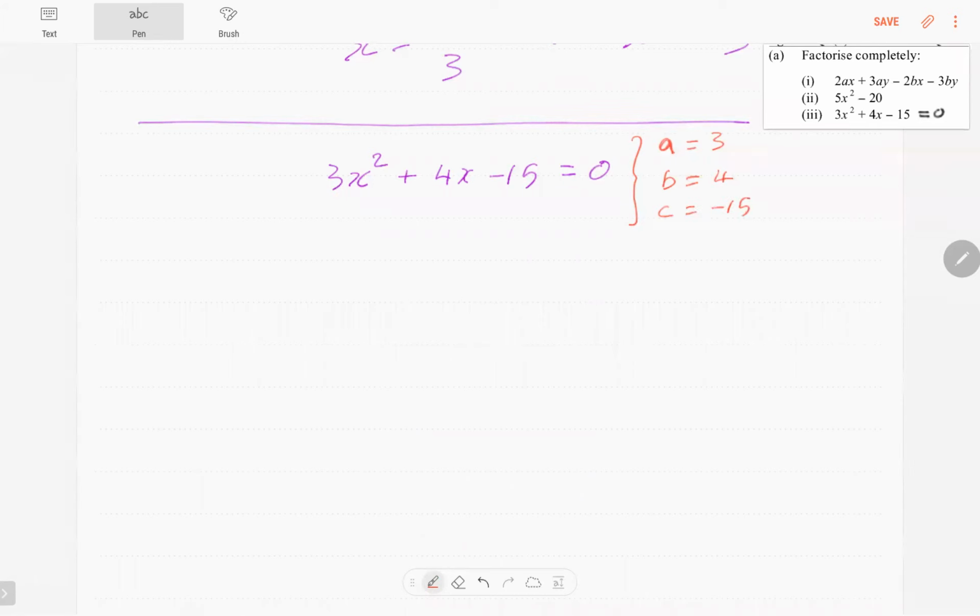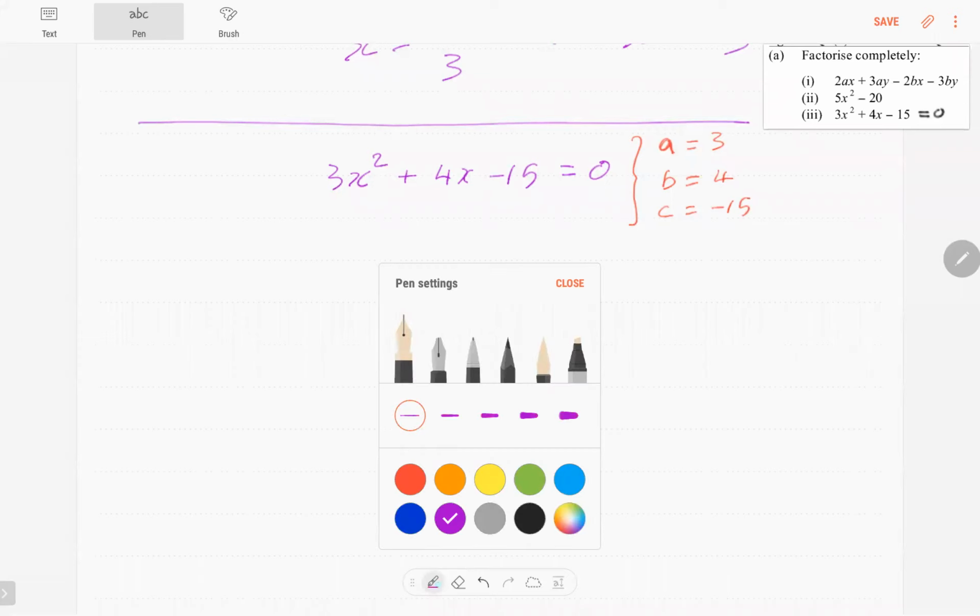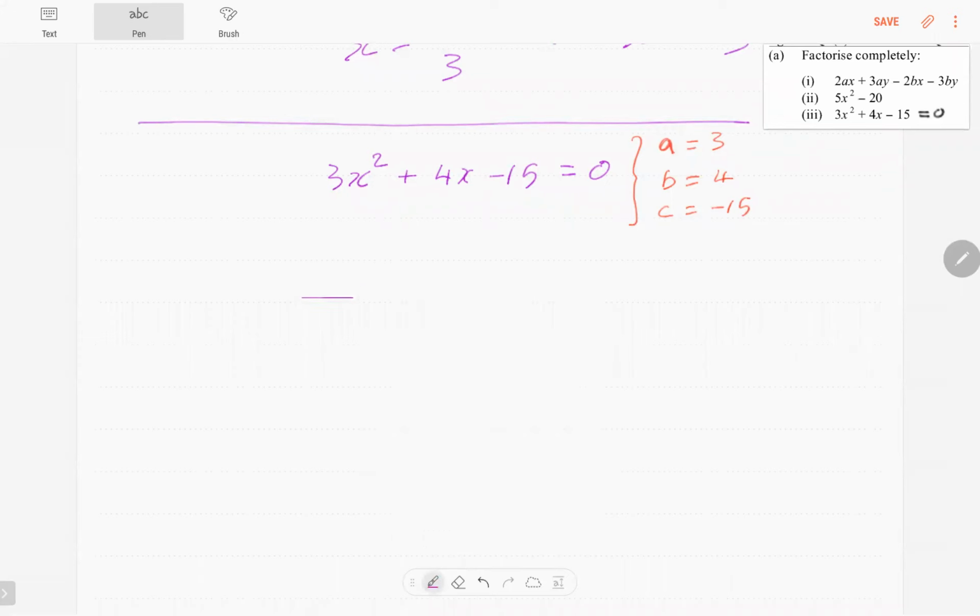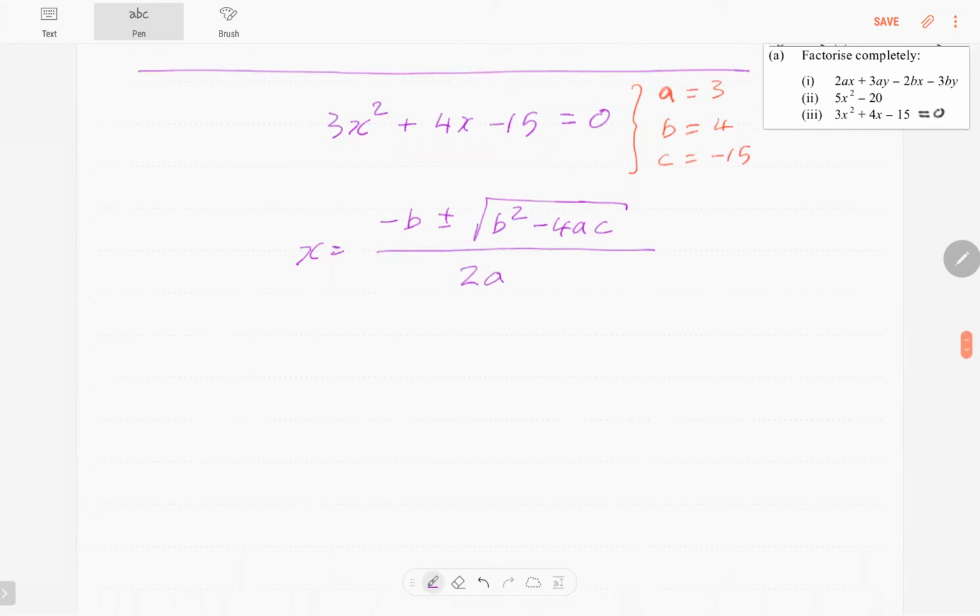All right. We're going to the quadratic formula now. Let's write out the formula this time. So x equals minus b plus or minus the square root of b squared minus 4ac, all everything divided by 2 times a. Everything over 2a. All right, and now we put in the values.